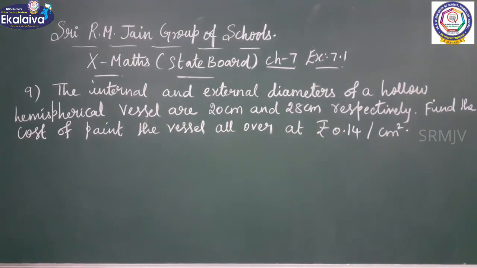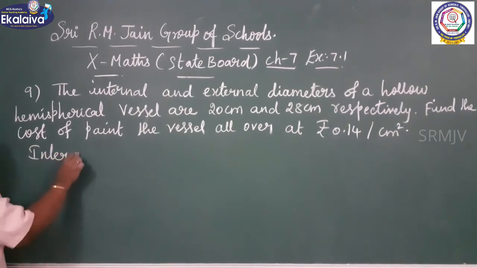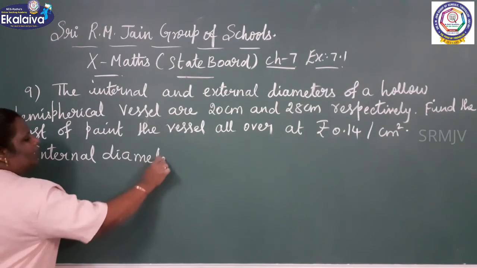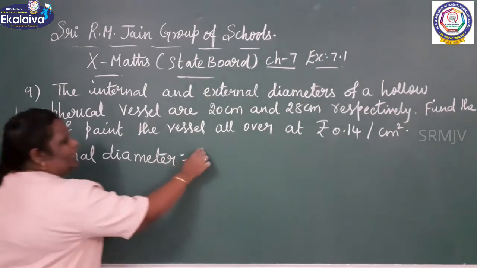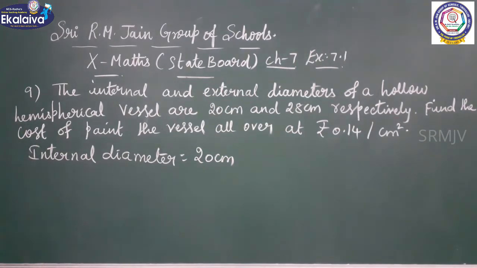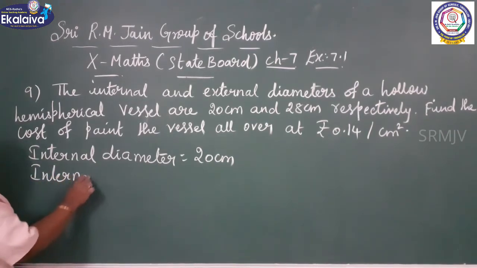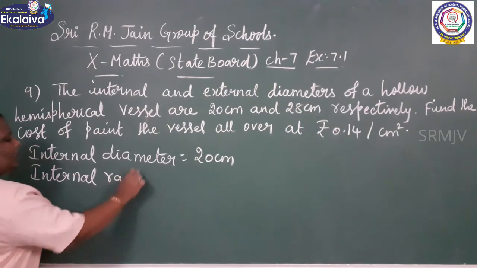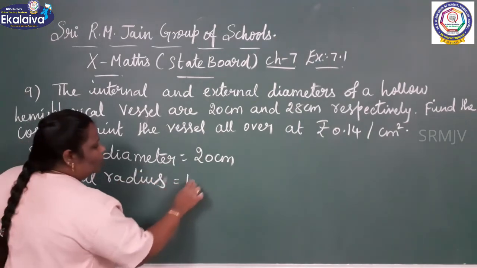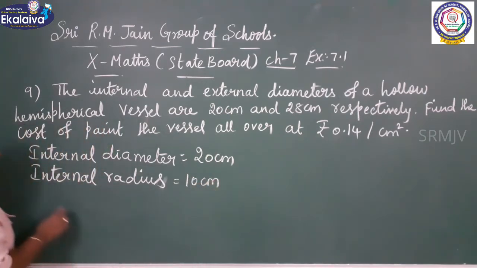See here, internal diameter is equal to 20 centimeter. So internal radius small r is equal to 10 centimeter.